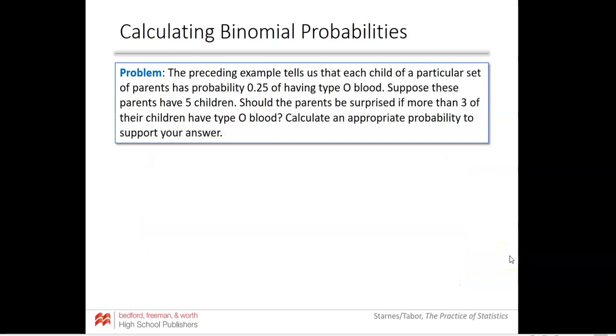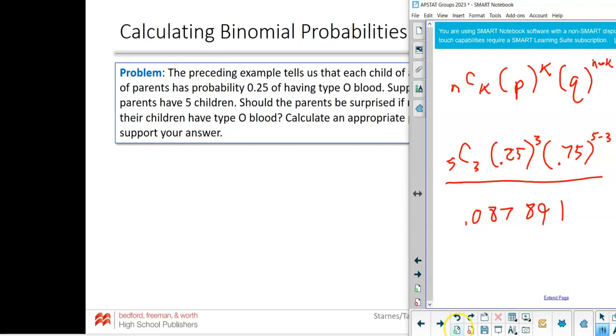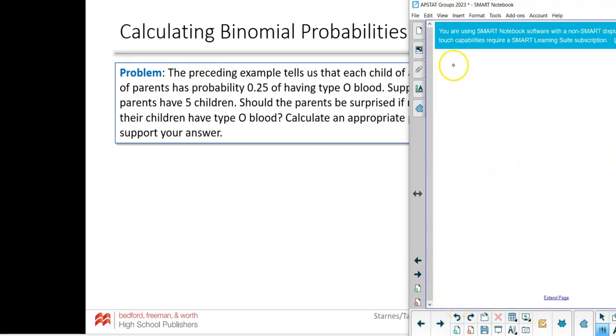Okay. Now we want to get, suppose the parents would be surprised if more than 3 of their children have type O blood. So what is more than 3? I want to find the probability of more than 3. So I really want to figure out 2 probabilities here. You could have 4 successes or 5 successes. Those would both work. So you're going to have to add up 2 things. So you're going to do NCR with 4 in there first.